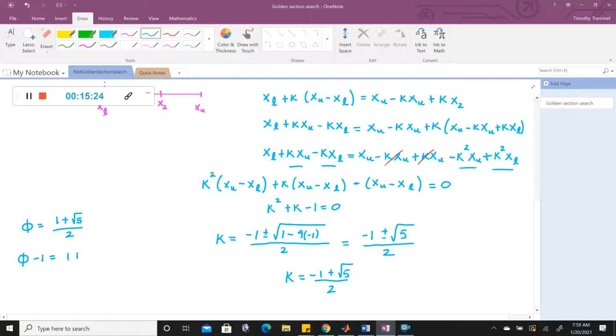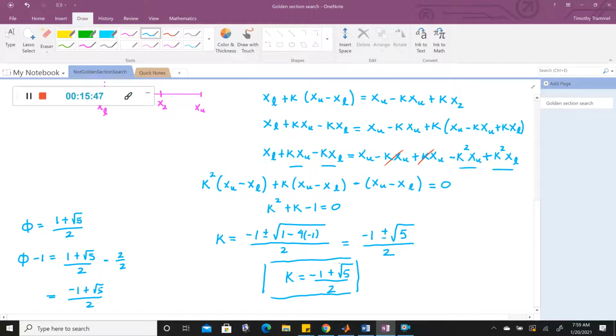So we'd have 1 plus the square root of 5 over 2. And again, I'm just subtracting 1. So this would give us minus 1 plus the square root of 5 over 2. Okay. So this value of k is related to the golden ratio.